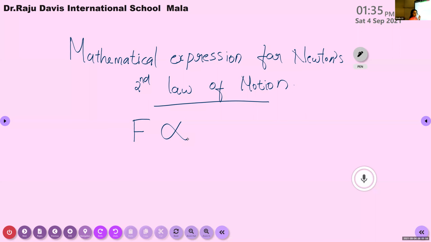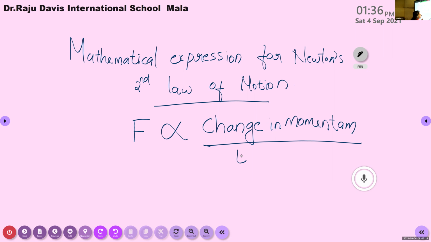So according to the second law, we can write that the applied force F is directly proportional to change in momentum by time taken for that change. Whenever we define velocity, velocity is the rate of change of displacement, so velocity is equal to displacement by time, right?